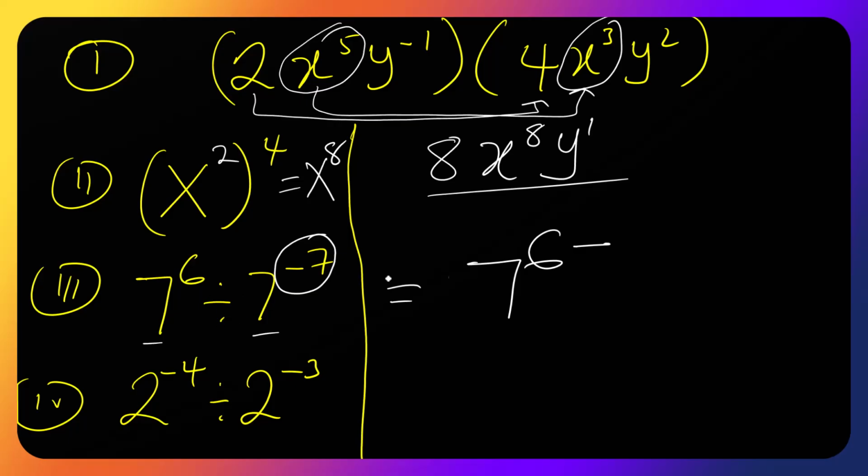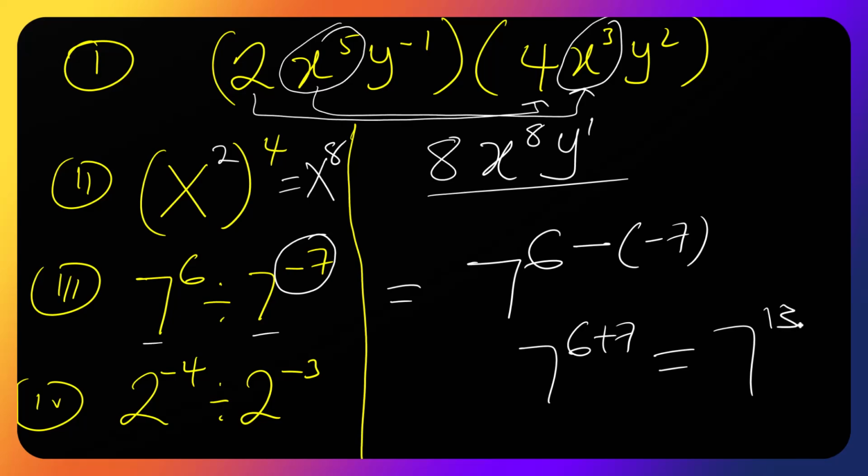So the division here will pave way for this. And we have minus 7. So that will be minus 7. Minus minus will be plus. So that will be 6 plus 7. And my final answer will be 13. So that will be 7 exponent 13.